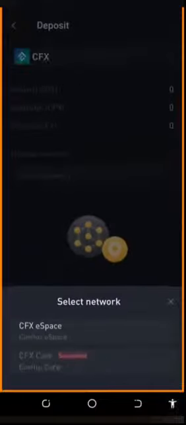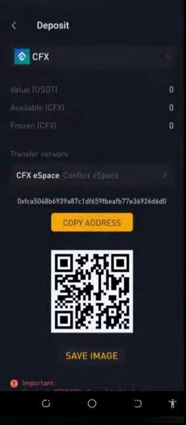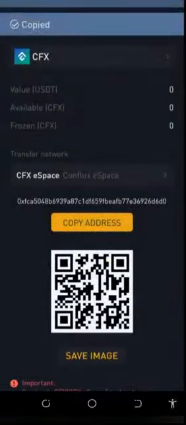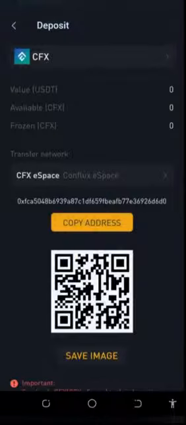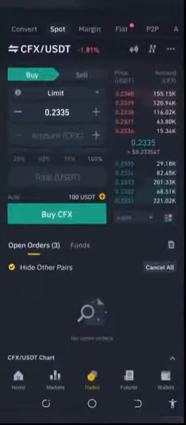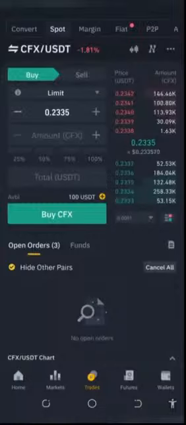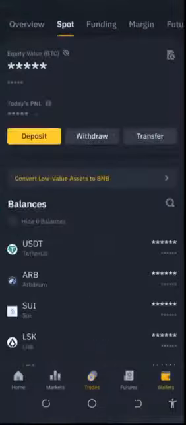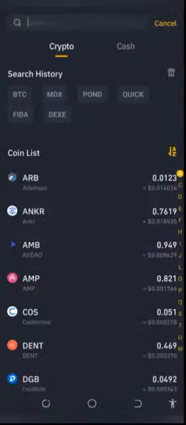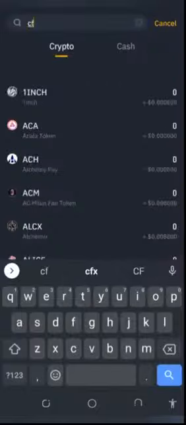Okay, so now let's just check this out. I'm going to do a little test to be sure because I'm not even sure which one. Before I copy this address, let me go and check. What we saw here was Conflux eSpace. So for us to withdraw this, if we have to withdraw it, let's just look for Conflux, CFX.